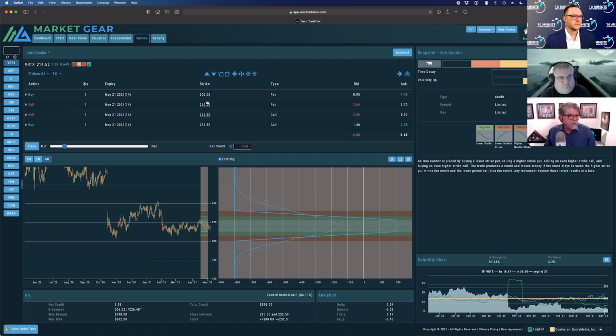Now, remember, the buy and sell strike on the put side was a $10 spread between 200 and 210. The buy sell on the call side was again 220.50 to 230.50, still $10. So your buy sell spread is $10 minus your credit of, for round numbers, let's call it $4 for just a second. So I have a $10 spread, $4 credit. That means my risk is $6, right? In this case, it's actually $602 because it's not quite there. So $602 is my risk.